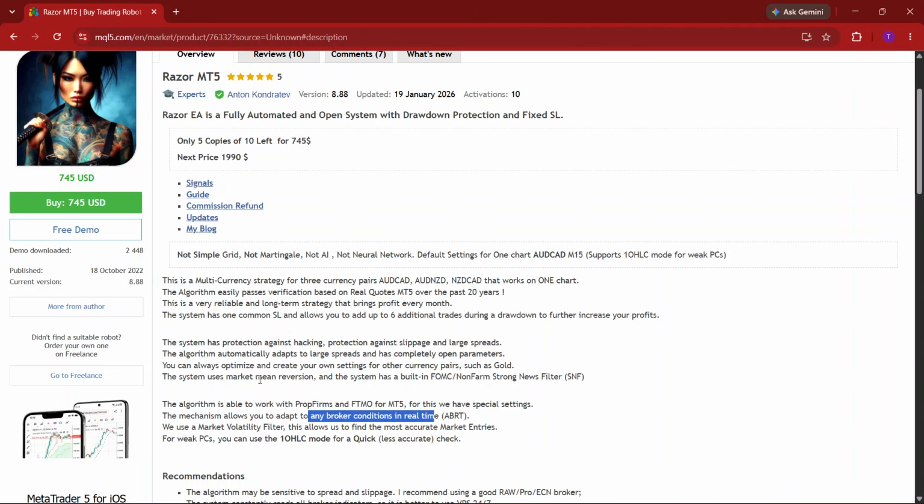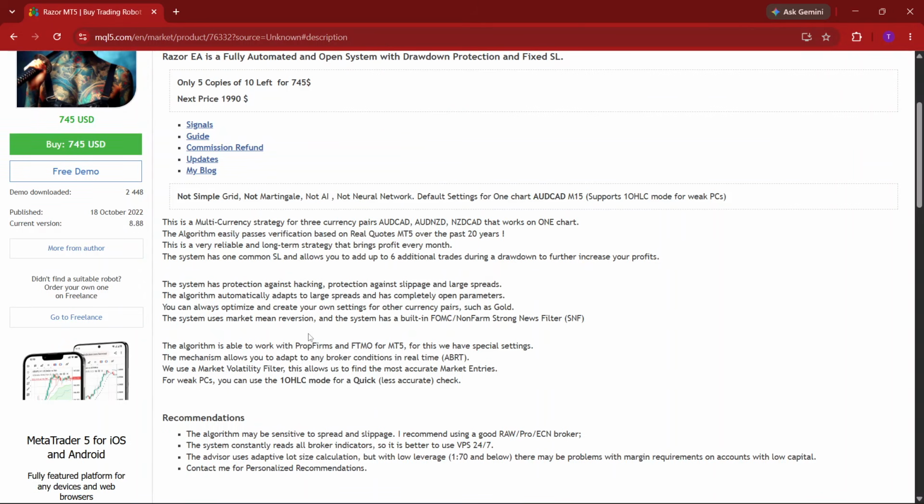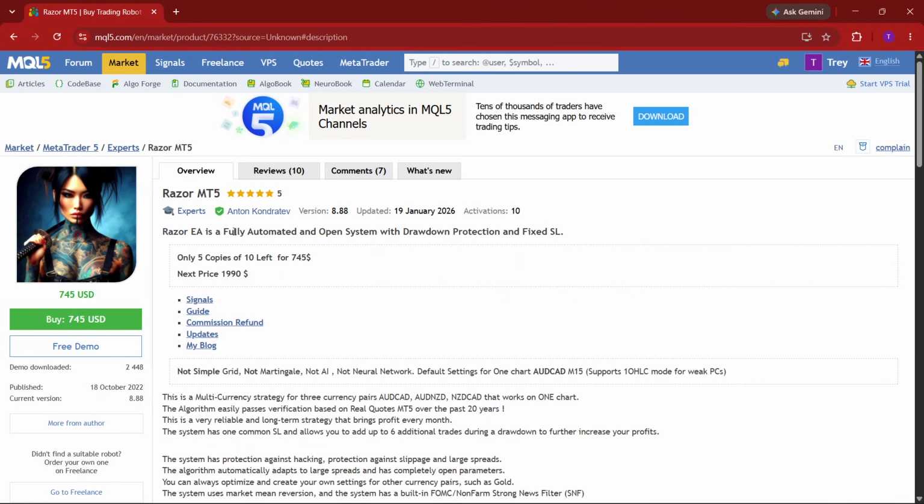That's adaptive broker real-time mechanism. So it supposedly adjusts to whatever conditions your broker is throwing at it. It also mentions a market volatility filter for more accurate entries and special settings for prop firms and FTMO for MT5. Now we go over to his signals.